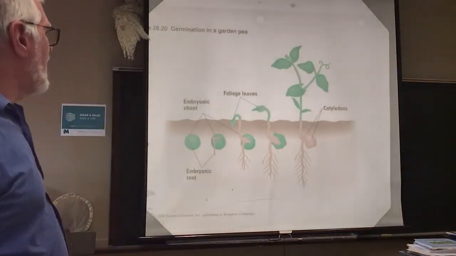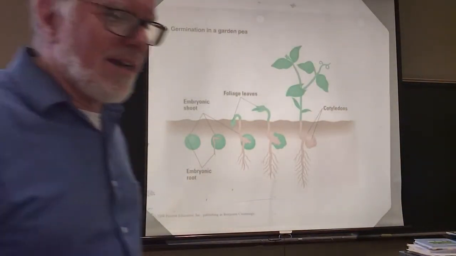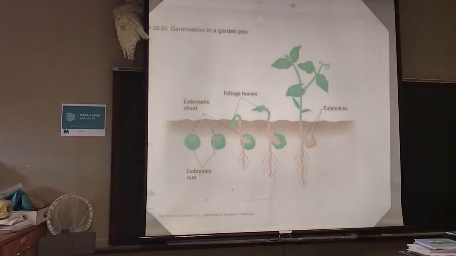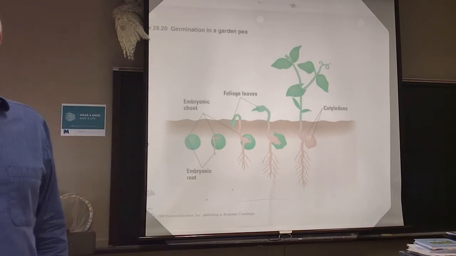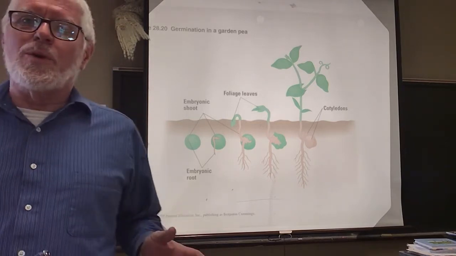So here's a picture of germination. And what's supplying the carbohydrates is inside the seed. And in this case, it's inside cotyledons. There's two of them, which makes this a dicot, one subgroup of the plants.